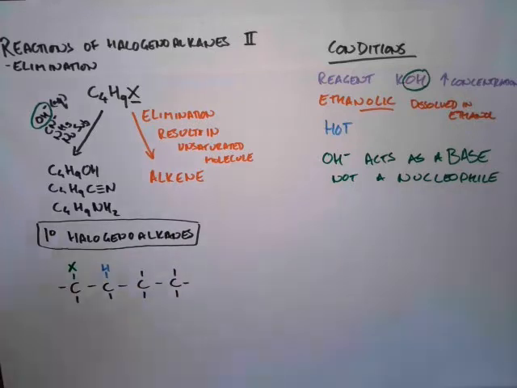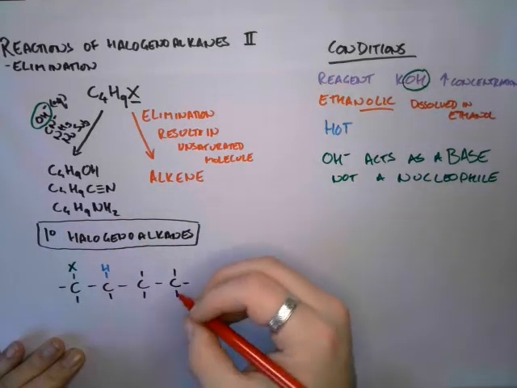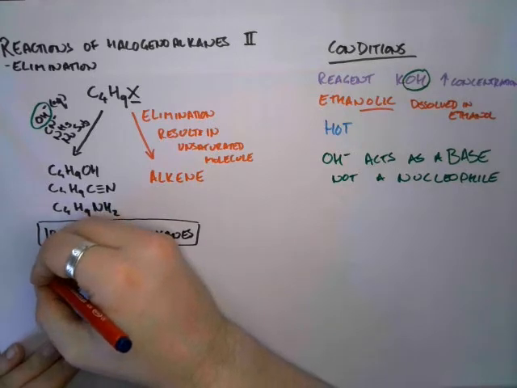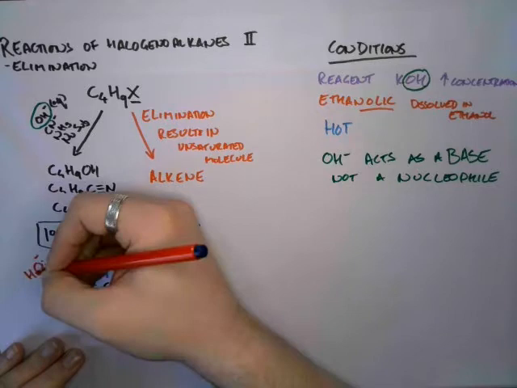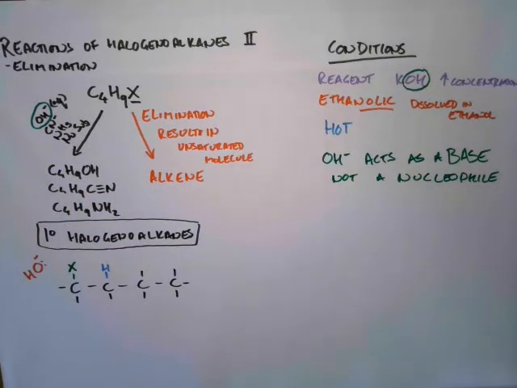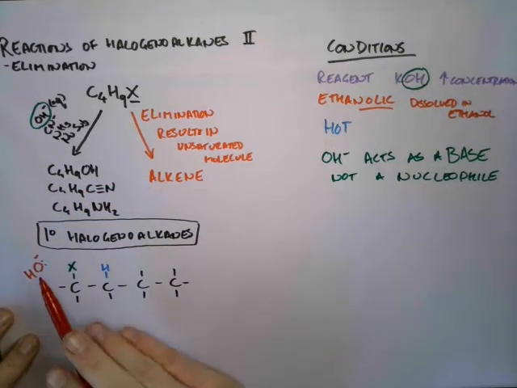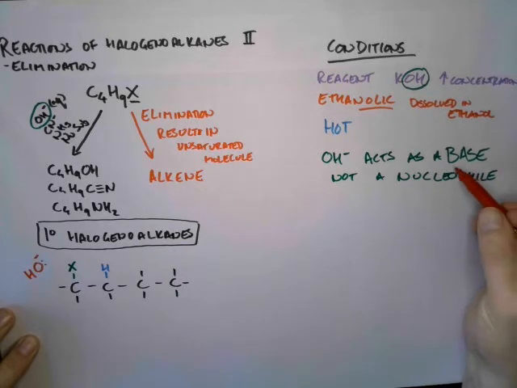This is my halogen atom, and I'm going to put my OH minus over here, with O, H to this side, and it's got a negative charge. Now our hydroxide ion is going to act as a base, not as a nucleophile.